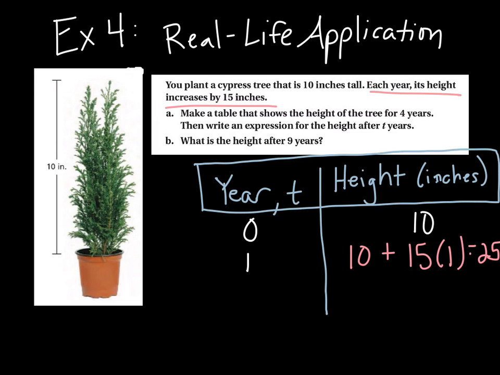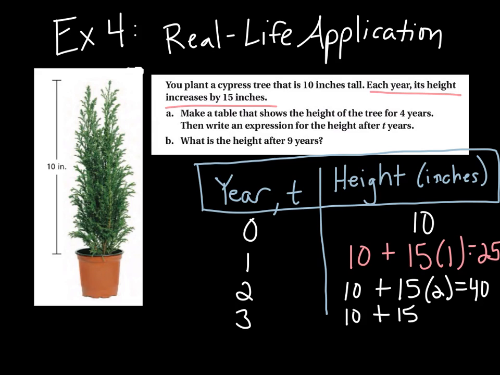Then, if we continue the same pattern, we could say in year 2 that it would be equal to the first 10 inches that it started with, 15 each year it grows, and if it grows for 2 years, we know that 15 times 2 is 30 plus 10, which would give us a total height of 40 inches, and you could just keep on going. If it were growing for 3 years, again, 10 inches to start, 15 inches each year.